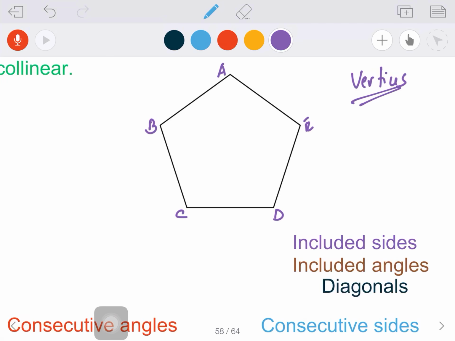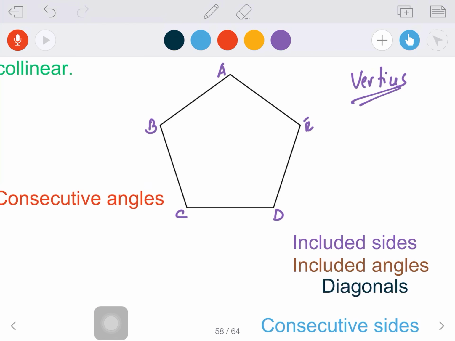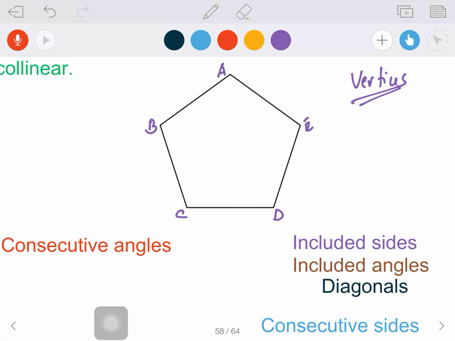So take note of that. There are five vertices here. Now, let's begin with some of the terms. With five vertices, you could also see five angles: angle A, B, C, D, and E. I hope you can see those angles.